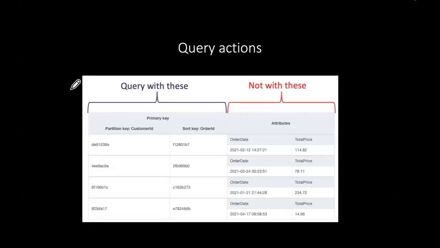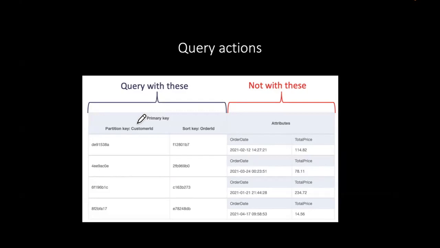Again, I'm kind of reinforcing something here, but it is something that people find they don't tend to grasp initially, nor did I, which is that query actions, you can only query on the basis of the primary key. And this is our customer order example.